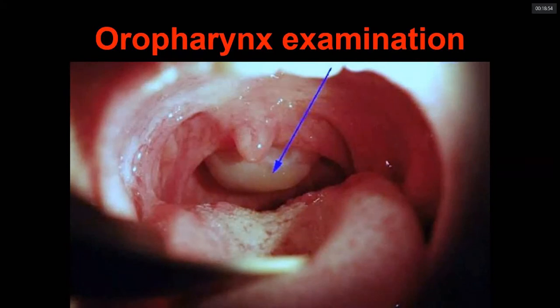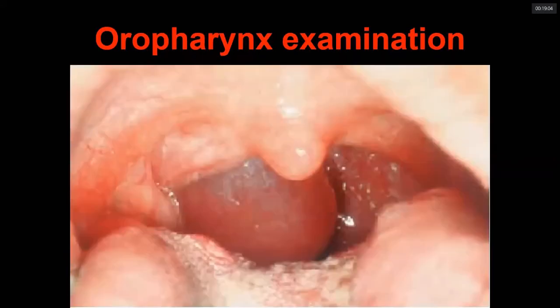Sometimes you won't be able to see anything in the nasal cavity, but when you look at the mouth, you see these things, and this is quite common. Another mass, again the choanal part of the AC polyp. Look how it has grown into the oropharynx.